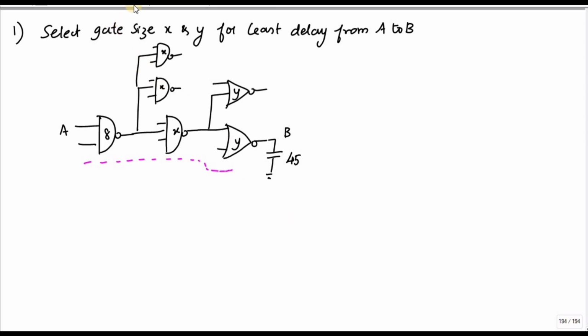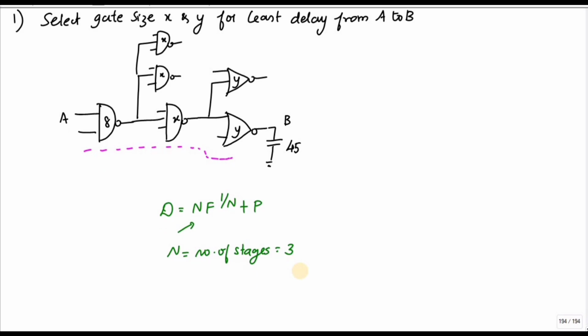To find this, we know the formula D is equal to N into F power 1 by N plus P. Here N represents the number of stages. This is my NAND gate, which consists of input and output. This is the first stage, this is my second stage, and this is the third stage. So N is nothing but 3.